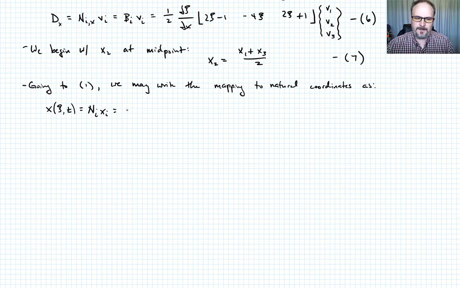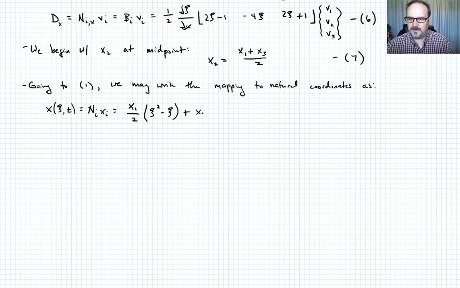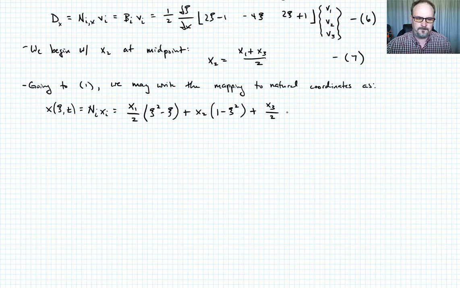That looks like it's going to end up being x1 over 2 times c squared minus c, plus x2 times 1 minus c squared, plus x3 over 2 times c squared plus c. Okay, and we'll call that equation 8. So I haven't done any substitution with 7 yet. This is just the mapping.